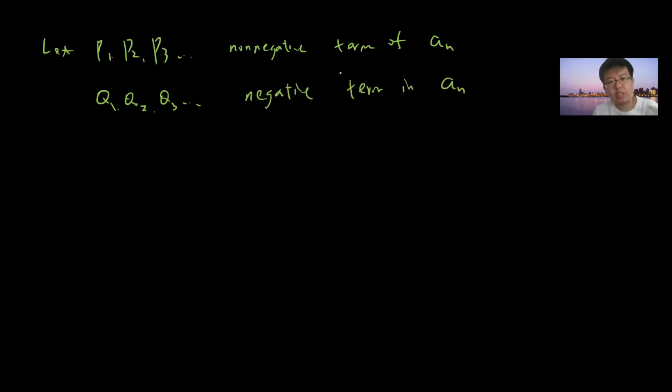So I just pick up all the positive terms and all the negative terms, and collect them as P1, P2, P3, and the negative ones as Q1, Q2, Q3.